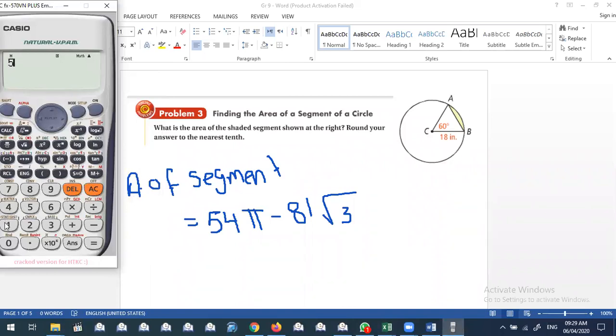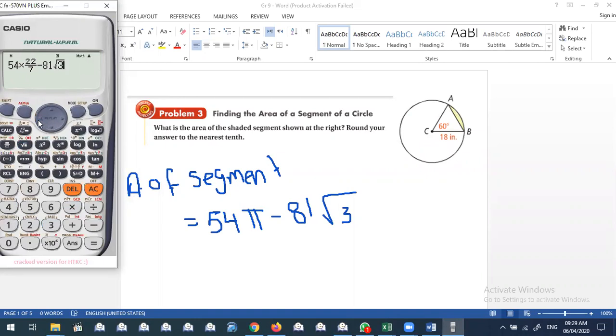54 times 22 over 7 minus 81 square root 3. The final answer will be like that.